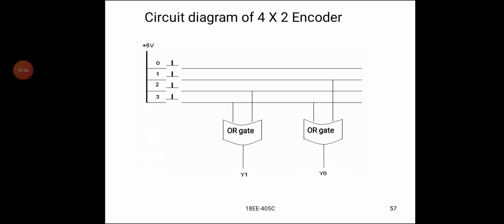So here only 2 binary outputs. 0 means 0 0, 1 means 0 1, 2 means 1 0, 3 means 1 1. So y0 is 1, y1 is 1.